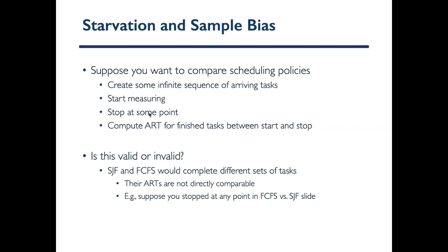It wouldn't happen in a uniprocessor that is preemptive and work conserving. Both of them would have the same finish time, but at least at that point, you're sure that both of them have finished the same set of tasks. Now, if you calculate average response time, it's an accurate measure of how each one of these scheduling policies performs.